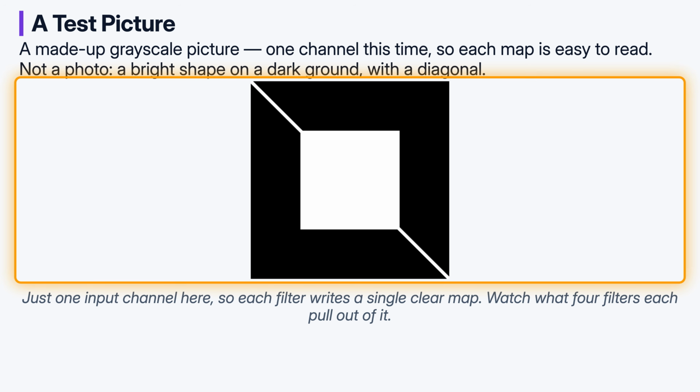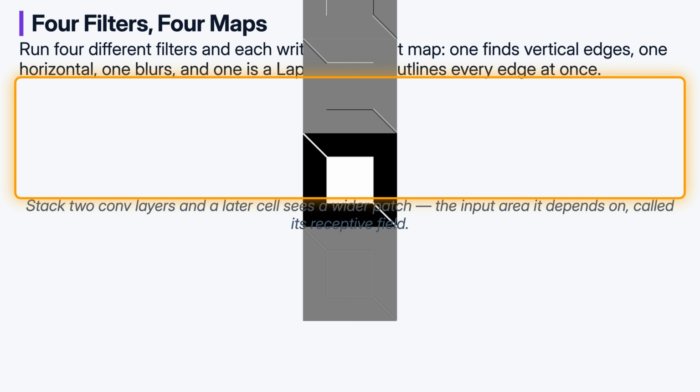Let's watch filters at work on a picture. This is a made-up grayscale picture, not a real photo. A bright shape on a dark background crossed by a diagonal. It uses just one input channel this time, which keeps each map simple to read. Run 4 different filters, and each one pulls out something different.